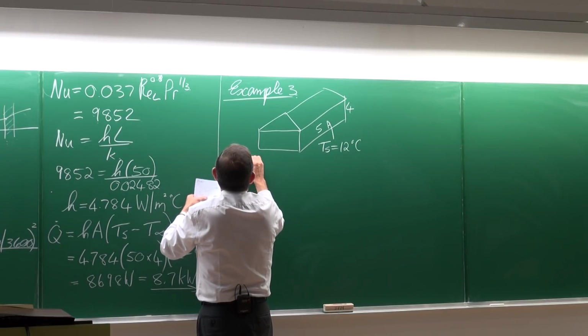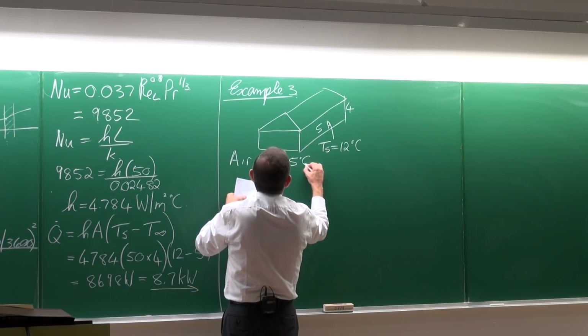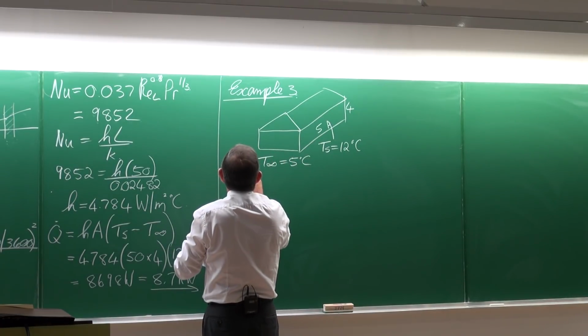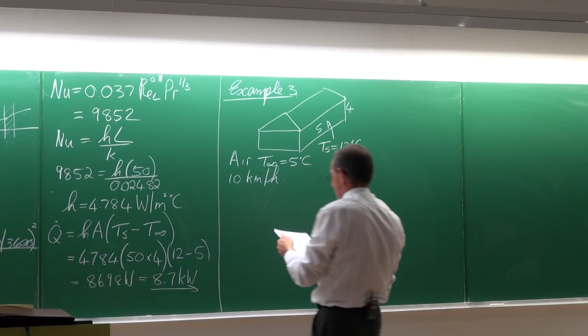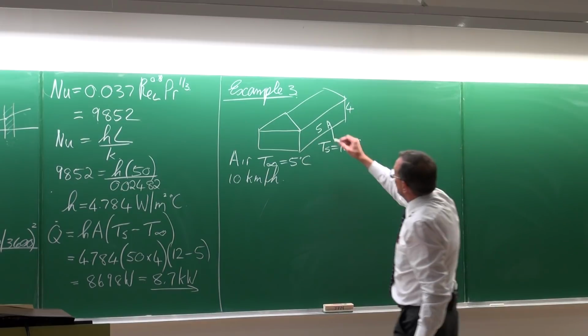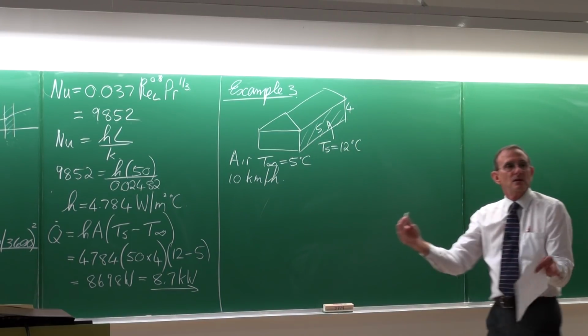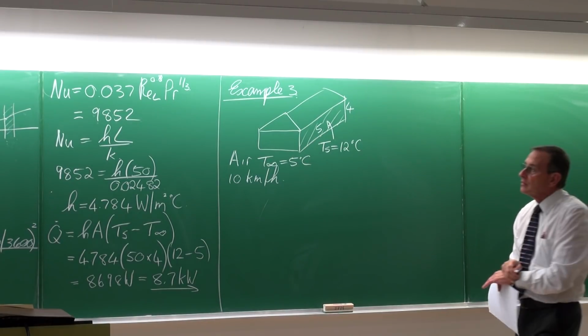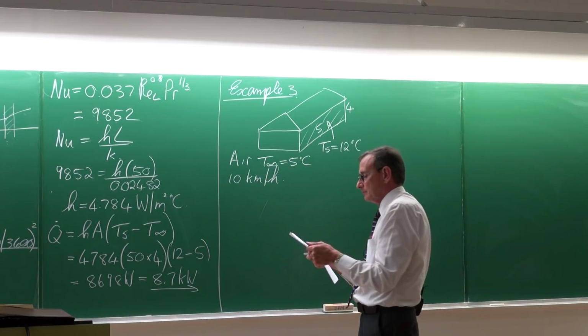The air is at 5 degrees Celsius on the outside, and the wind is 10 kilometers per hour. Okay, so our surface in this case is 5 by 4 meters. So much shorter than that of the previous example.